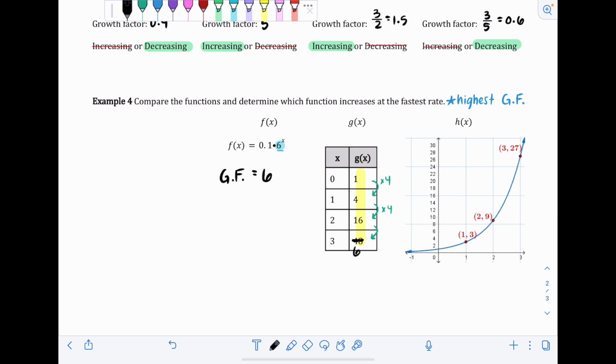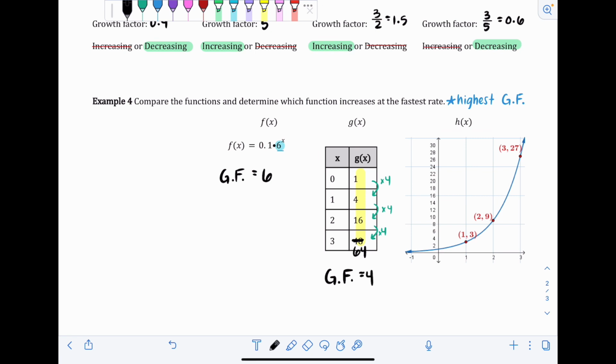Ignore that, that's supposed to be a 64. Pretend it's a 64, I'll fix it for the notes by the time you print it. To go from 16 to 64, I have to multiply by 4. So each time I'm multiplying by 4, so the growth factor for g of x is 4.